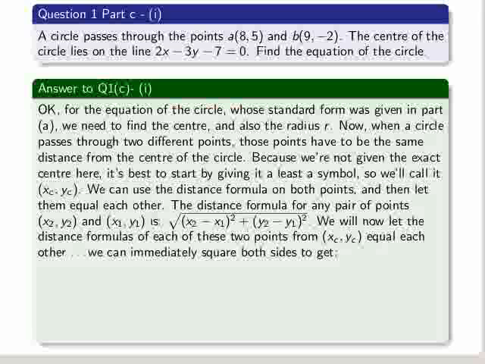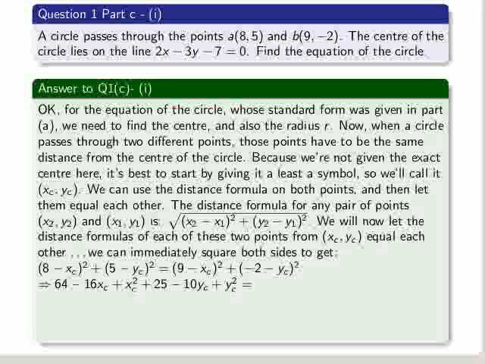We can immediately square both sides and we plug in the values for x2, y2, in this case 8 and 5, and then we let it equal the distance formula when x2, y2 is equal to 9 and minus 2. So we expand those values out.